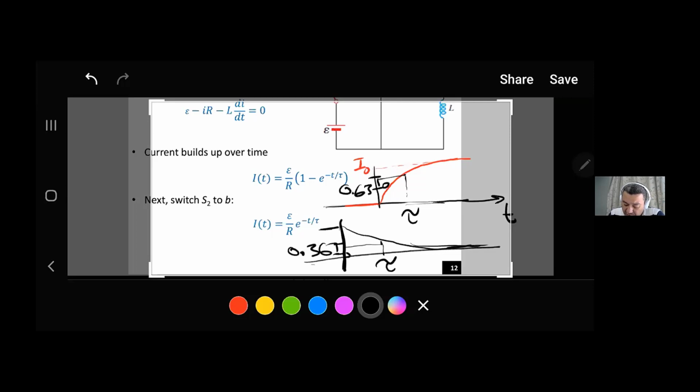After 1 tau, and then you can say after 5 tau, or after t equals infinity, the current will become zero if the inductor has no other sources in the circuit to give a final current.